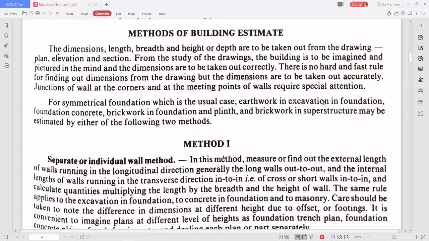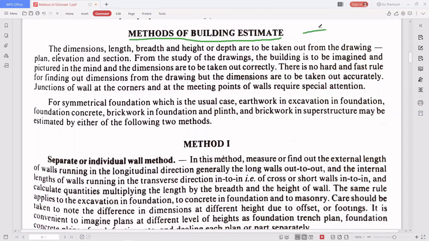Now we will see the methods of building estimate. Okay, whatever we have done now is just a part of a building. Now we'll see how a building is estimated when you have foundation, walls, lintels and everything that comes in a building, how we will estimate it. So, methods of building estimates.